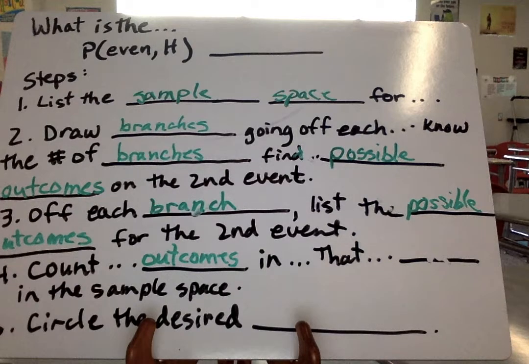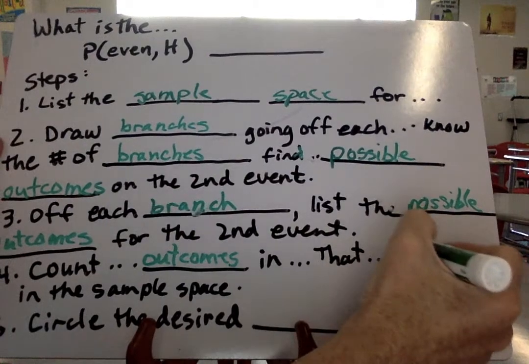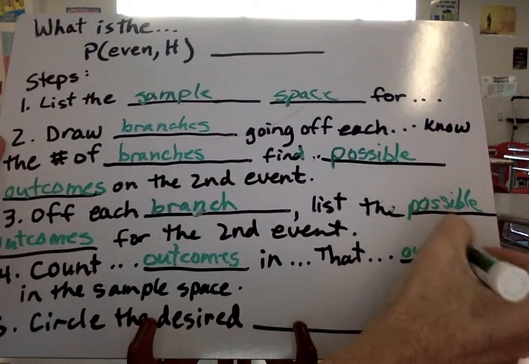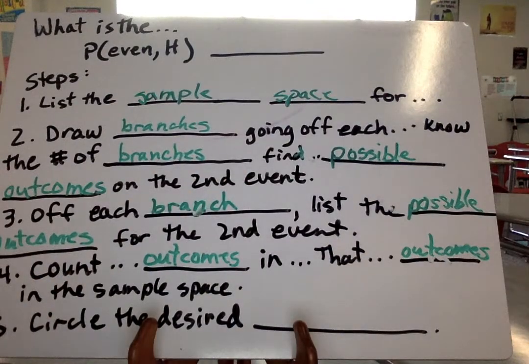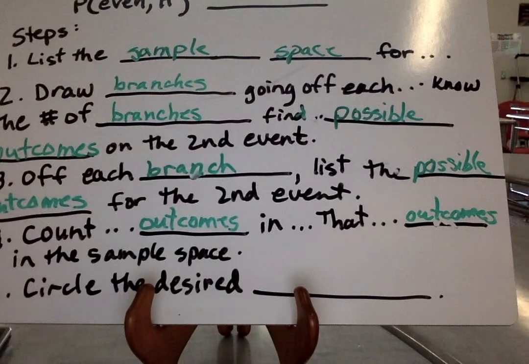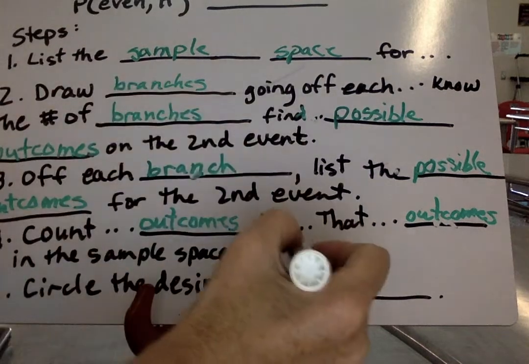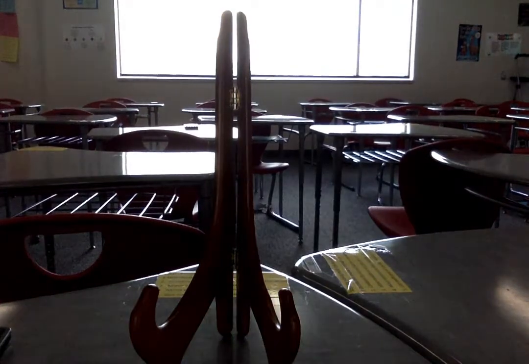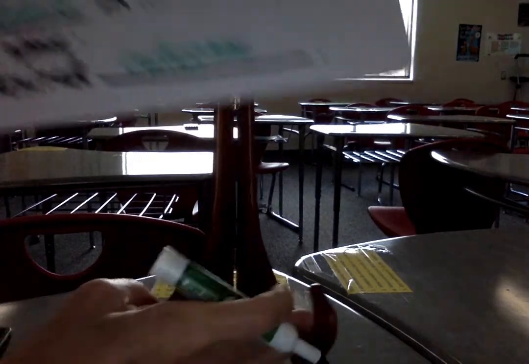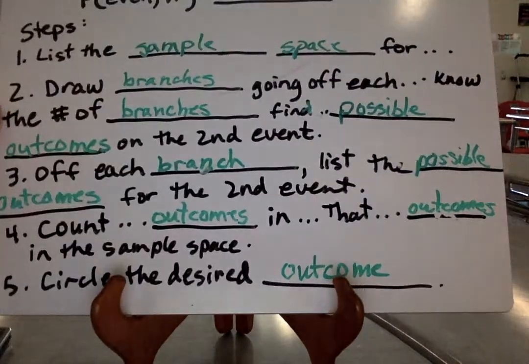That is your new number of outcomes in the sample space. Okay. Then we want to circle the desired outcome. It's really awkward, so I'm going to move this off, and I'll put it back here. You want to circle the desired outcome. Okay?